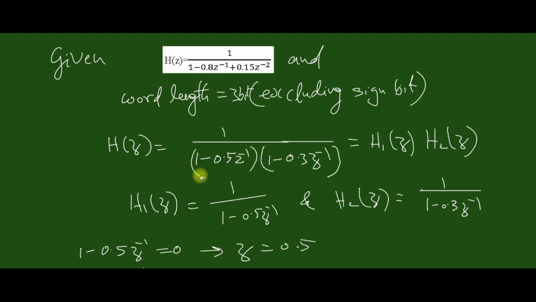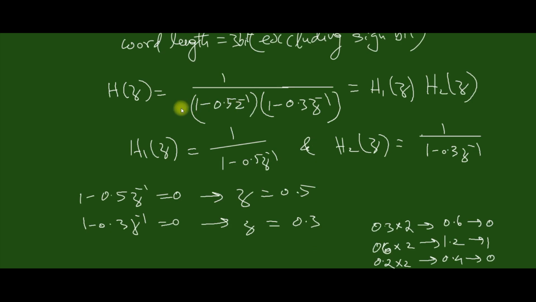Then the corresponding factors are 1 minus 0.5 z inverse and 1 minus 0.3 z inverse. So here we decompose the denominator into this form, which is equal to H1(z) and H2(z). So the first part is over, that is expressing H(z) in terms of cascade structure.